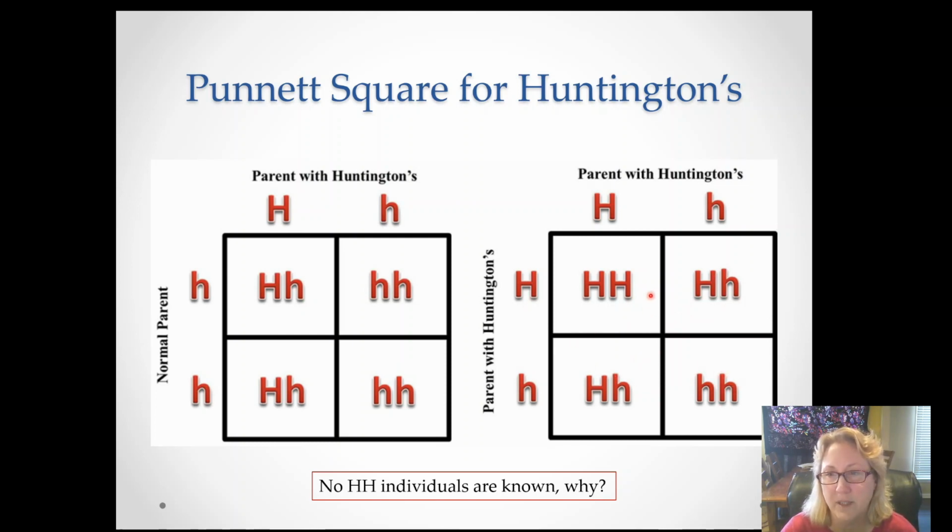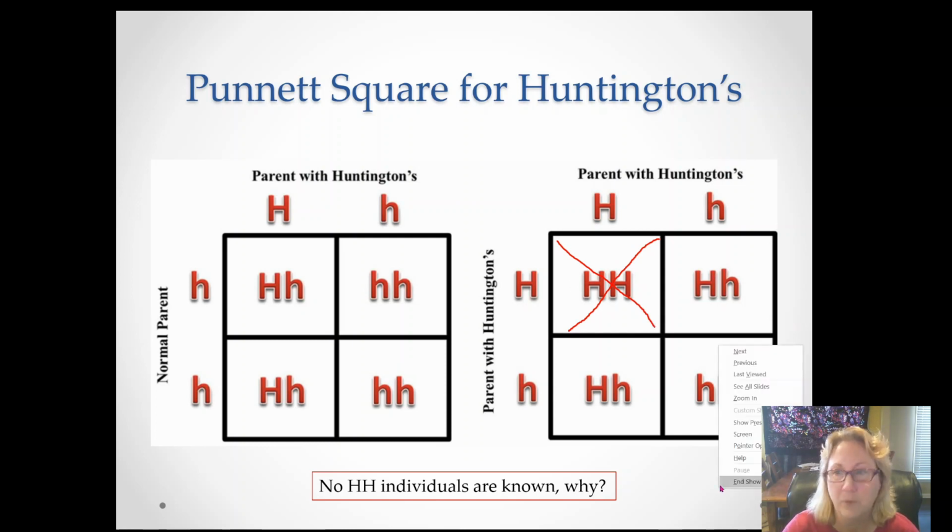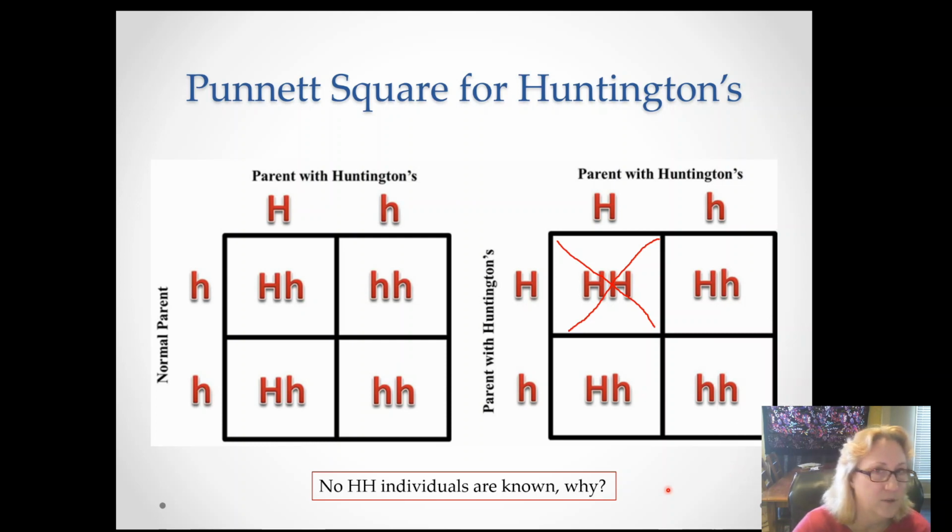And the reason is because we don't have any of these individuals. And why do you think that is? Why do you think we don't have any of these individuals? The reason is because being homozygous for the Huntington's allele, we believe, is an embryonic lethal, because we just don't find those individuals.